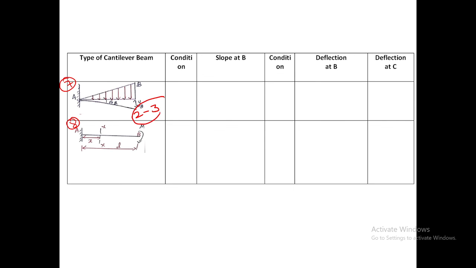The value is W L cube divided by 8 E I. Condition is 2 minus 3, where 2 is the uniformly distributed load and 3 is the uniformly varying load. So 11 by 120 into W L power 4 divided by E I. At point C there is no deflection, so 0.